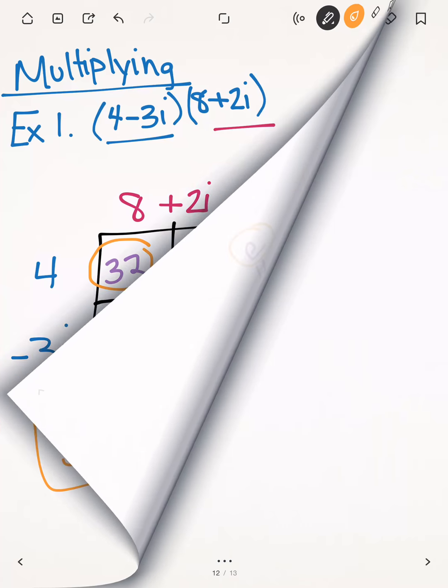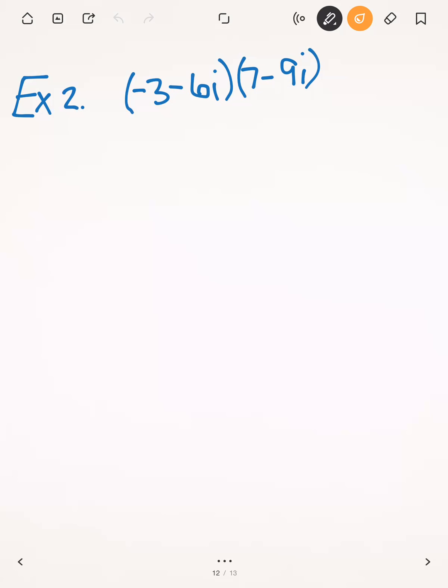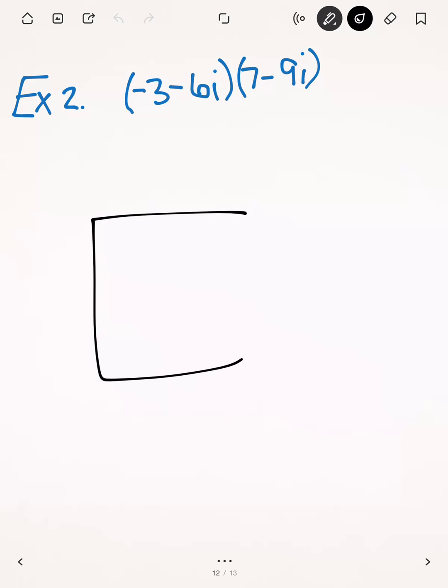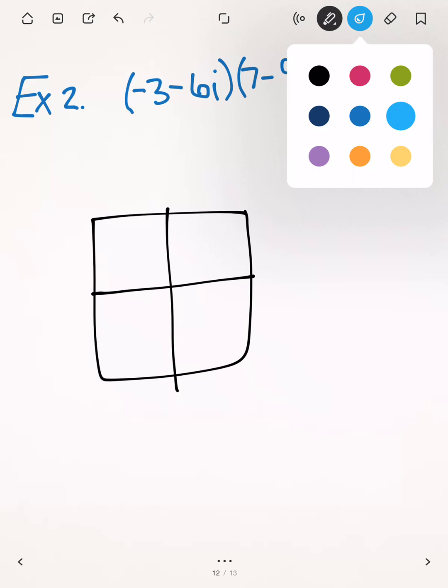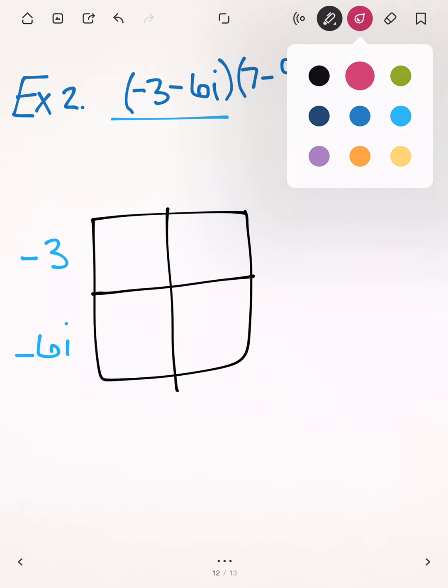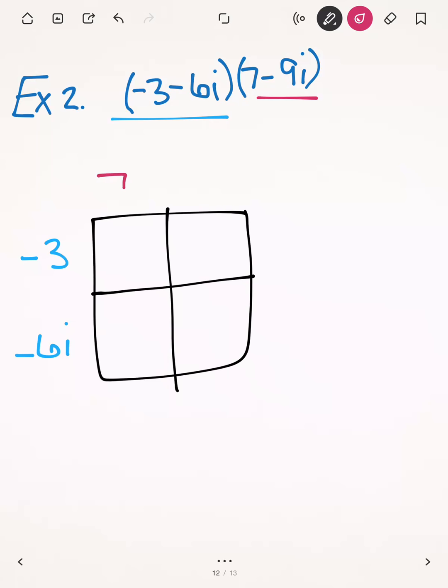Okay, my last example. I'm doing the same thing. I start with my box. I write my first number on the side, negative 3 minus 6i. I write my second one on top, 7 minus 9i, and I just multiply.